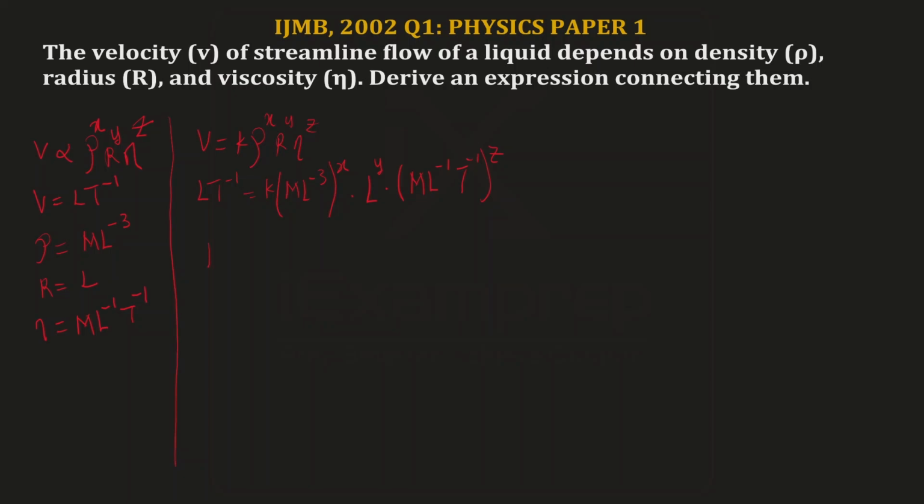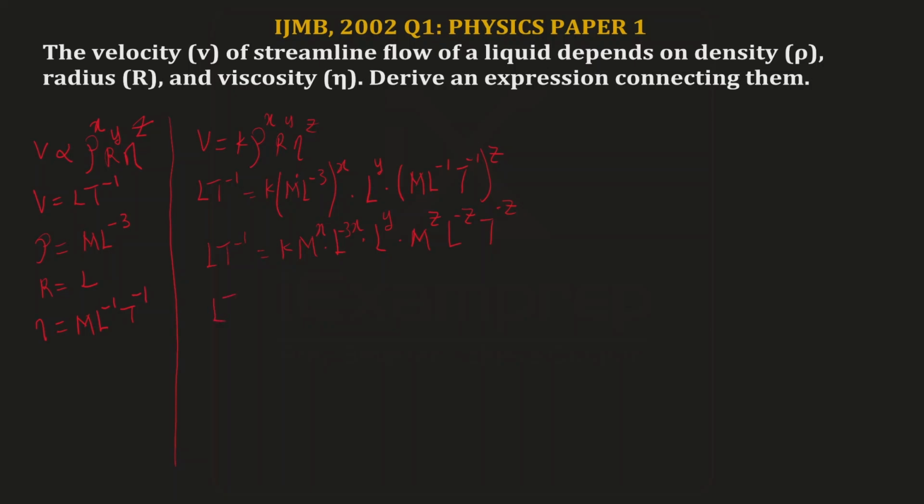Now, we are going to multiply the exponent all through. So we have LT^-1 equals K. The exponent of M here is 1, so 1 times x gives us M to the power of x, multiplied by L to the power of -3x, times L to the power of y, multiplied by M to the power of z, L to the power of -z, T to the power of -z. The next thing we do is combine similar terms.